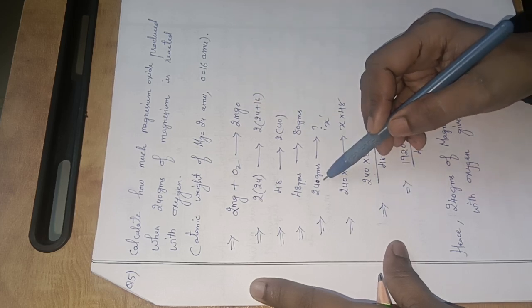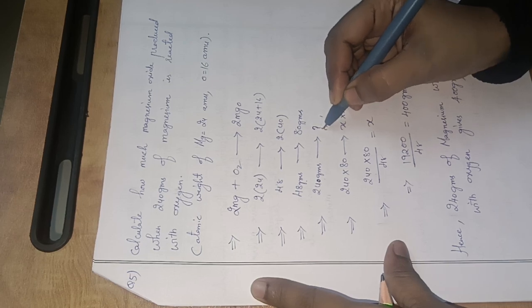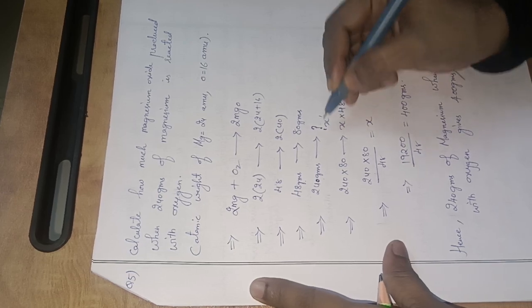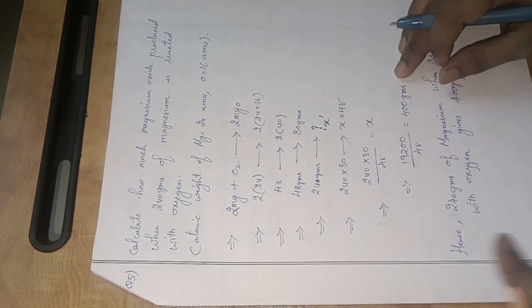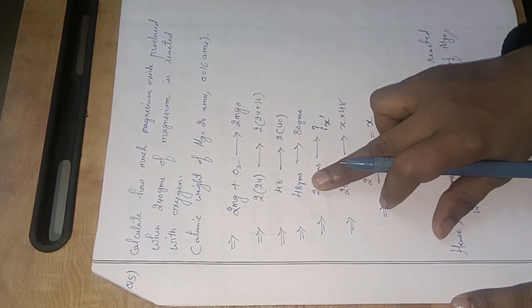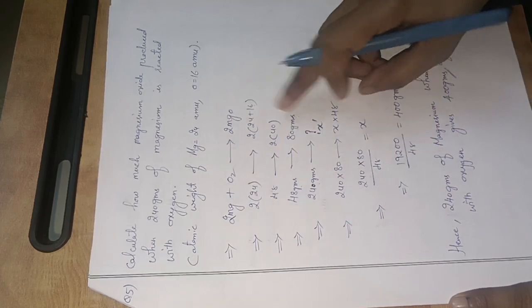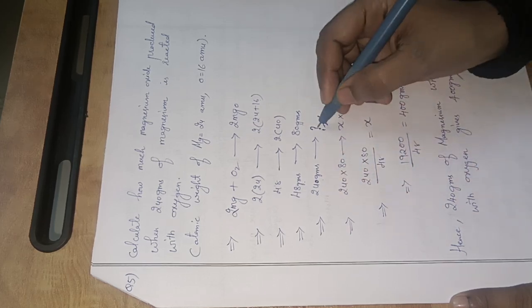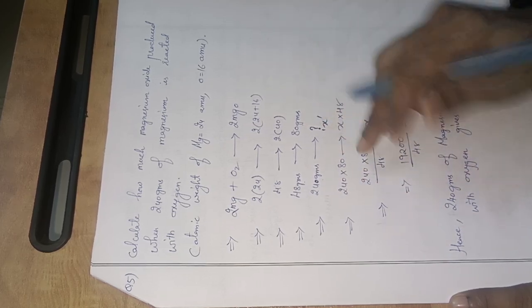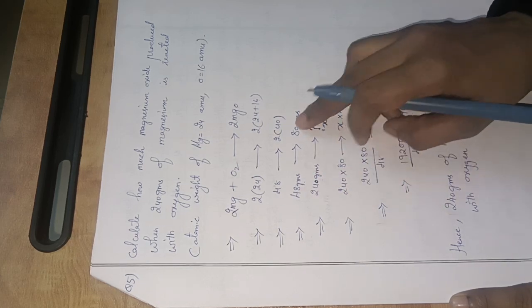Then 240 grams of magnesium gives how much? Assume it is X. 48 grams of magnesium gives 80 grams of magnesium oxide, then 240 grams gives X. Cross multiply these two.